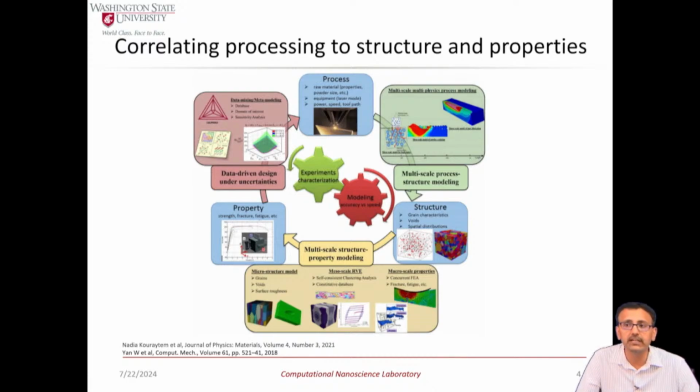Then use data science for all the data gathered from this experimentation and modeling to learn about the various correlations and trends, and ultimately get the desired structure and properties in the additively manufactured part.